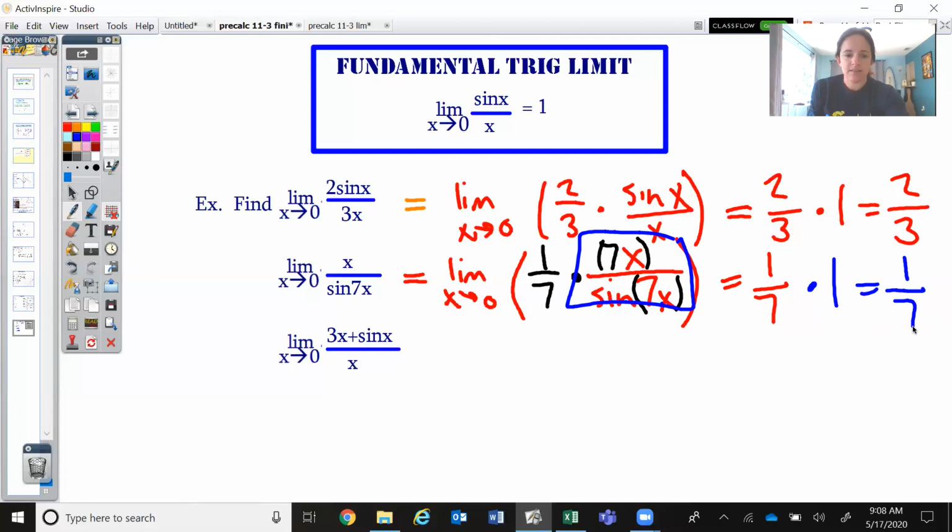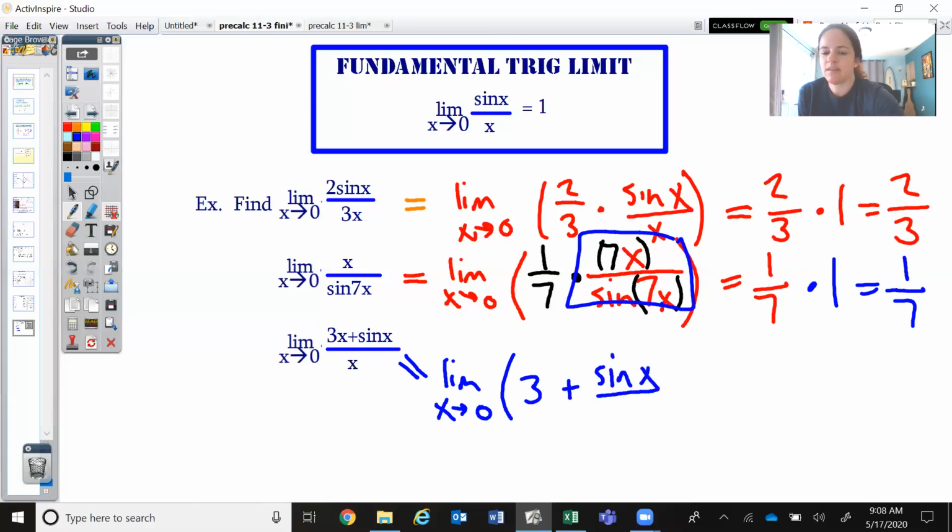Last but not least, if I had the limit as x approaches 0 of 3x plus sine x over x, then I would want to break this up into multiple fractions and say that this would be the limit as x approaches 0 of 3x over x, which is just 3, and sine x over x.